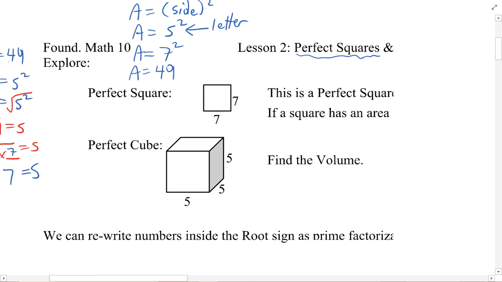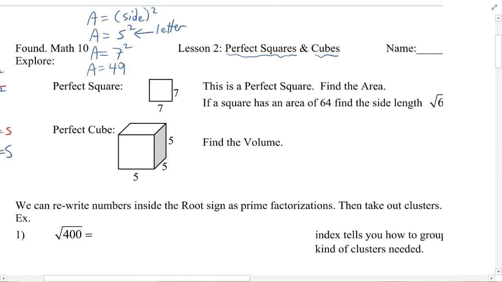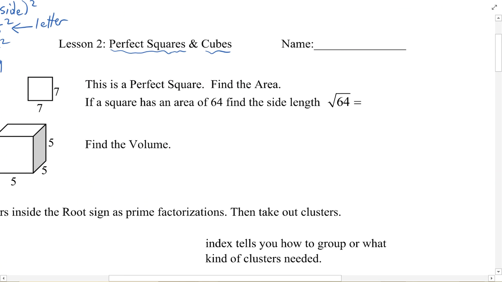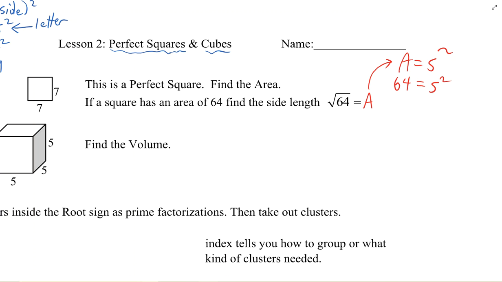If you see here, this is a perfect square. If we work backwards with 64, that would be the area. So we'd substitute in area equals S squared, and so 64 equals S squared. Square root both sides, and we get the square root of 64 equals the side length.